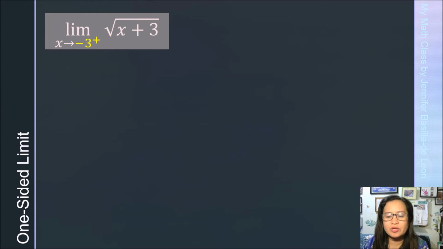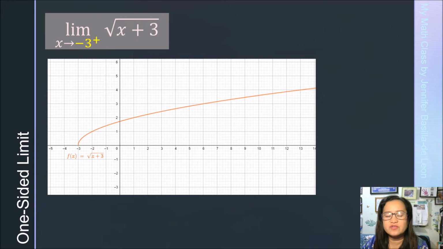Using our graphing application, we would have this graph. It also shows that we have a one-sided limit. So we can just evaluate this limit as the limit of the square root of x plus 3 as x approaches negative 3 from the right.